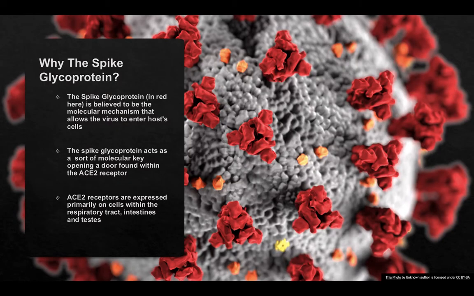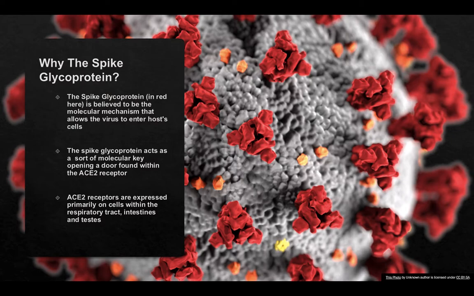So I think it's probably important here to say why the spike glycoprotein. I think everyone's probably seen this image of the virus. I kind of like to think of the virus structurally as maybe a tennis ball with spikes coming out of it, and the spikes are what act as a molecular key. So they bind to the ACE2 receptor in the respiratory tract, and that seems to be the main way that the virus gets into a host's body.